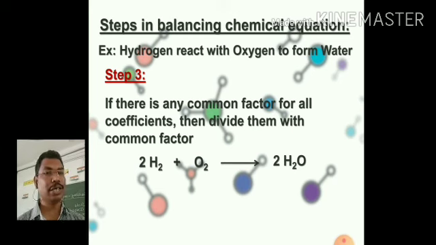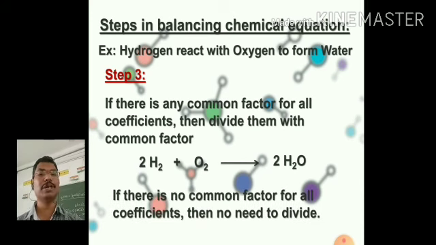And before water, it is 2H2O. So, here the coefficients are 2, 1, 2. In that, the common factor is only 1. If you divide with 1, no problem. So, there is no common factor, hence there is no division. So step 3 is skipped.